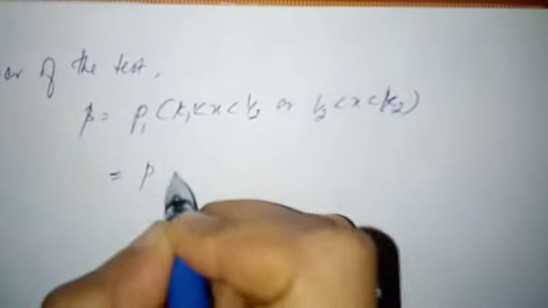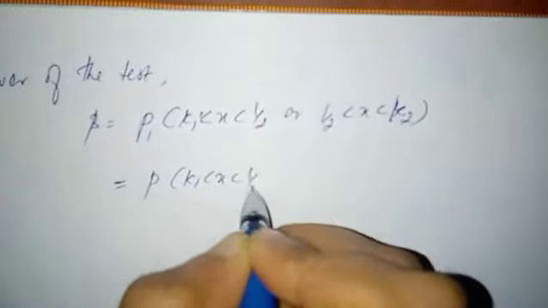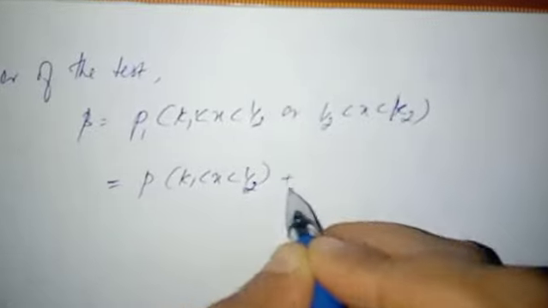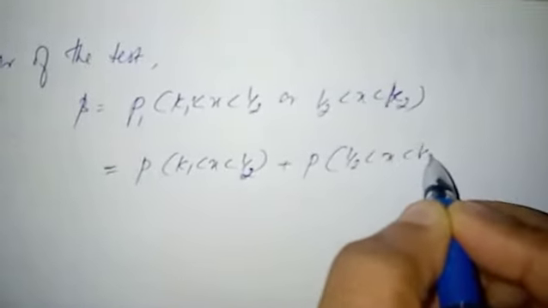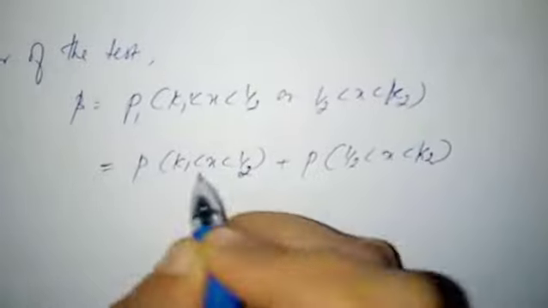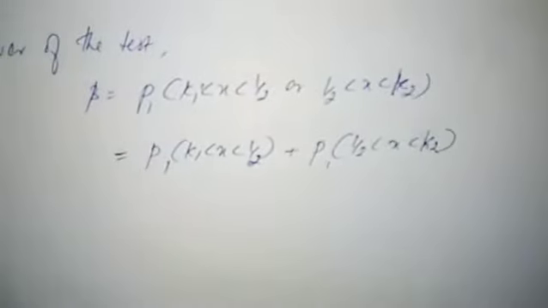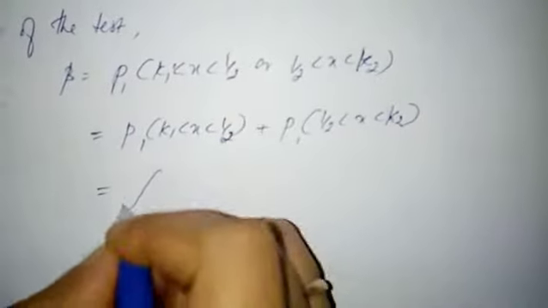Is equal to probability of k1 less than x less than 1 by 2 plus probability of 1 by 2 less than x less than k2, okay, under h1.